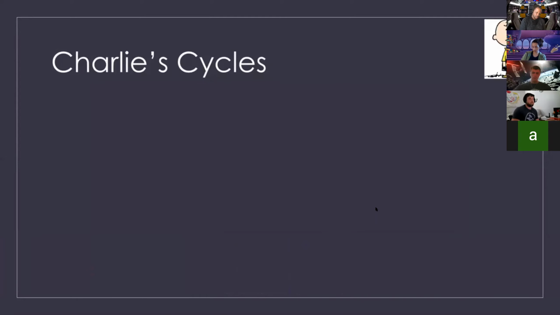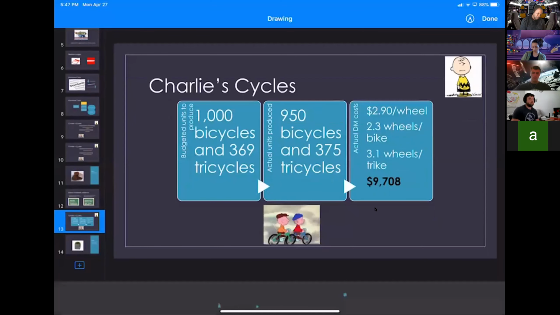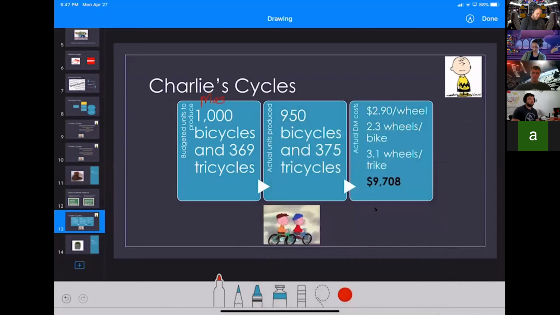According to the master budget, we're going to do 1,000 bicycles and 369 tricycles.